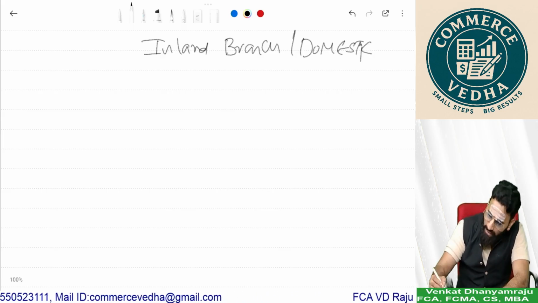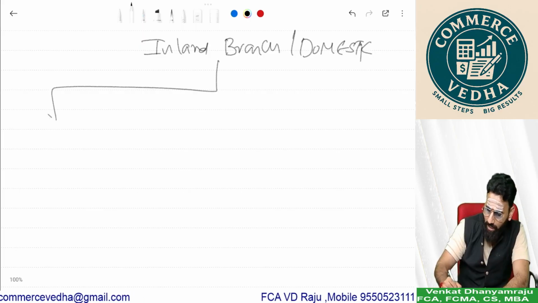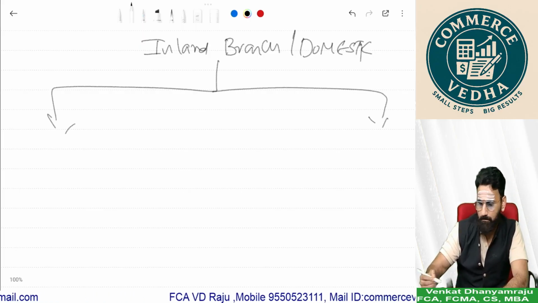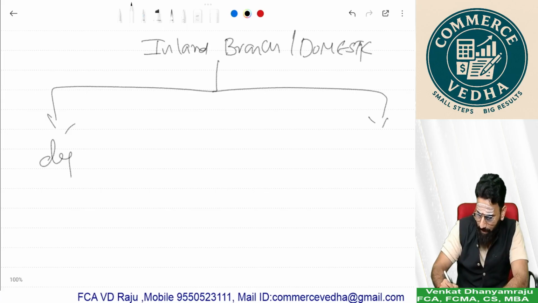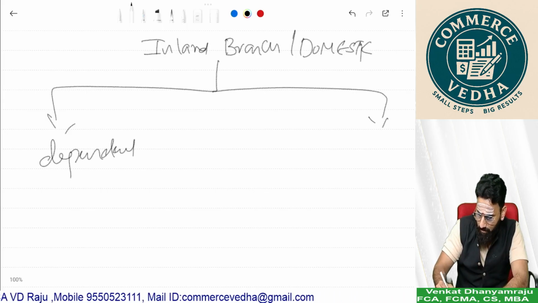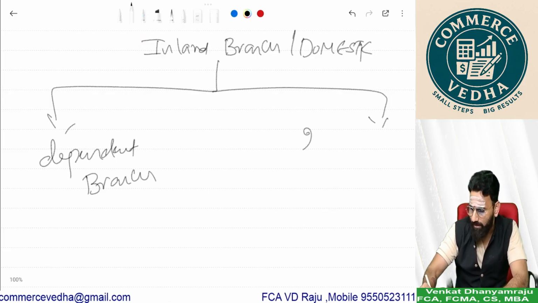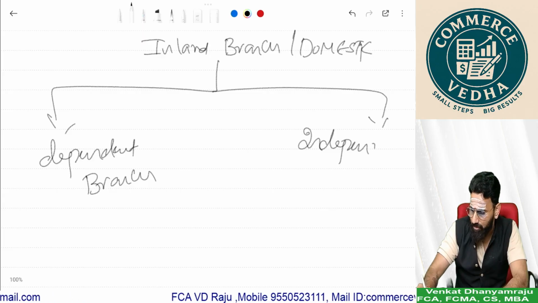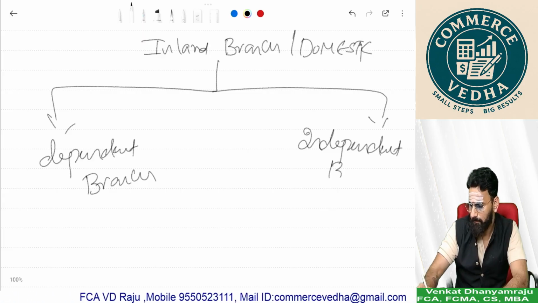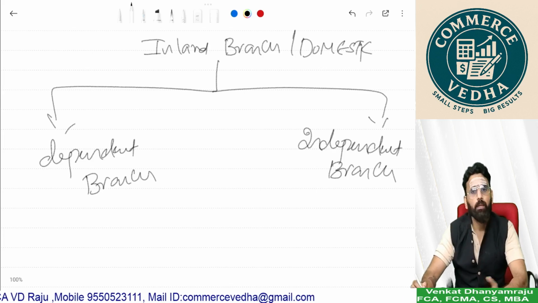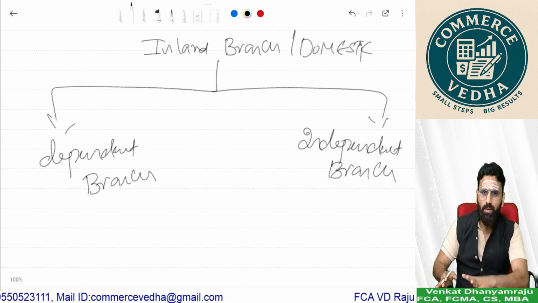Now, inland branches again are of two types. One is called a dependent branch, and the other is called an independent branch. What is a dependent branch?